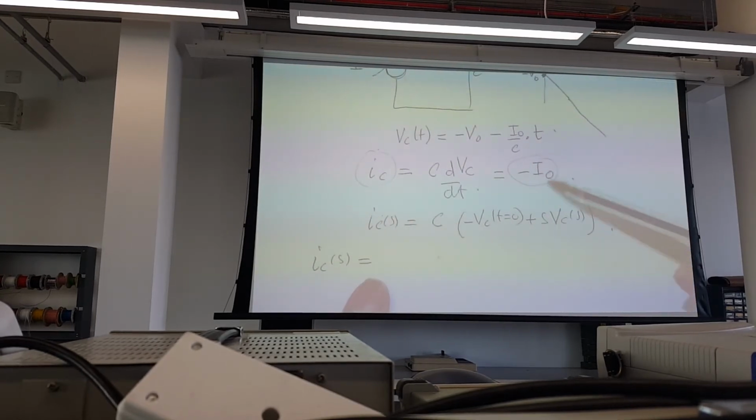So we've got to Laplace transform minus I naught. The Laplace transform of minus I naught is going to be minus I naught over S, because it's a constant over S when you Laplace transform it. And we've done the right hand side. Now we can equate these two, so we can say that that's equal to C times minus Vc at time t equals 0 plus S Vc of S, like that.